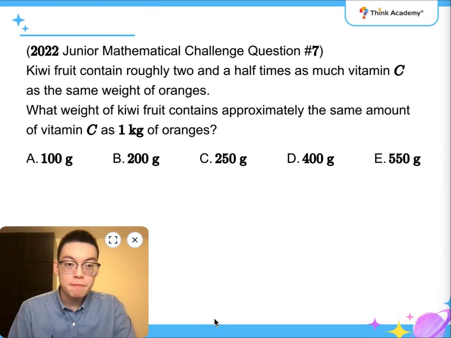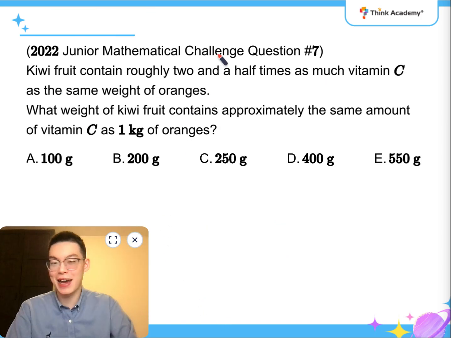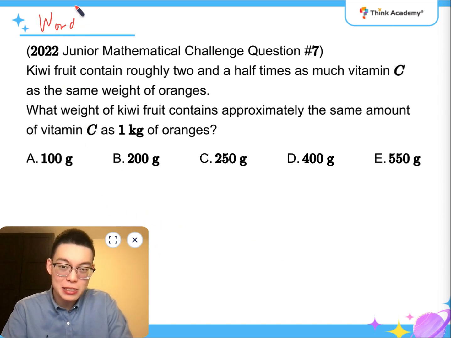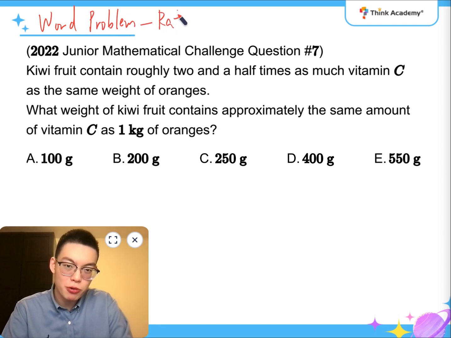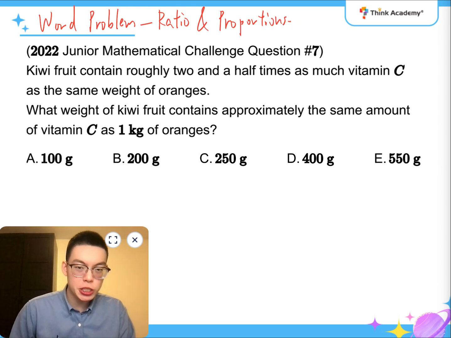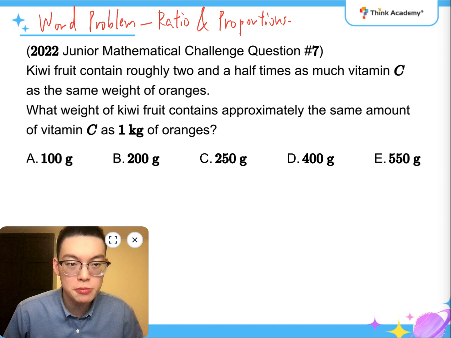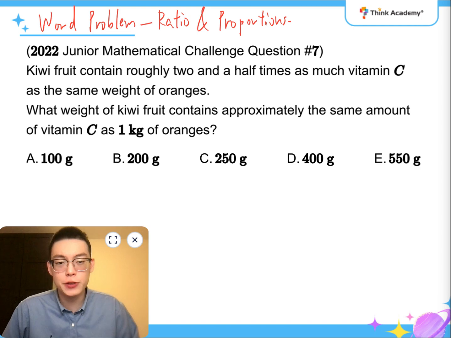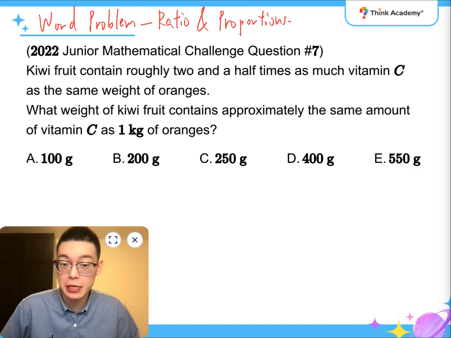Okay, let's take a look at question 7 now. All right, so this is a question, clearly is a word problem. And it's on the ratio and proportions. It says that kiwi fruit contain roughly 2.5 times as much vitamin C as the same weight of oranges, which means that for the same weight, kiwi fruit would have 2.5 times as much vitamin C, right?